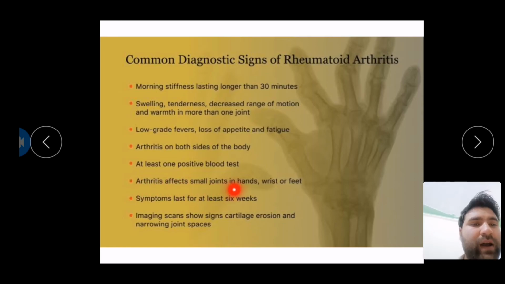Arthritis affecting small joints in the hands, wrist or feet. Symptoms last for at least 6 weeks. Imaging scan shows signs of cartilage erosion and narrowing of the joint spaces. In this case, narrowing of the joint spaces occurs.